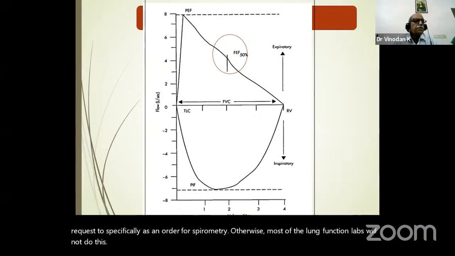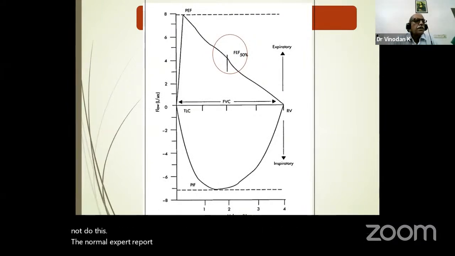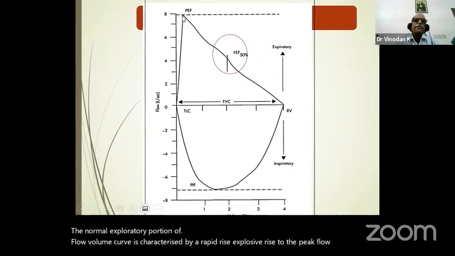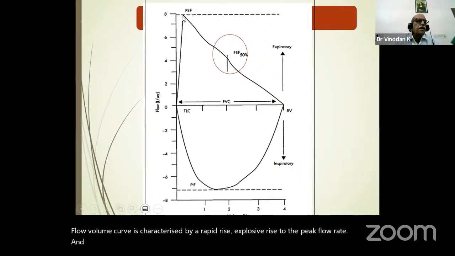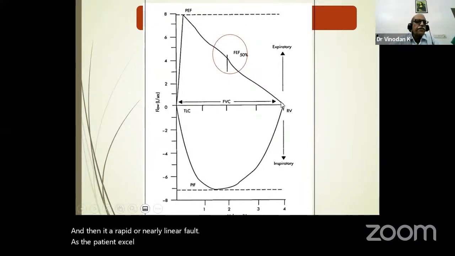The normal expiratory portion of the flow-volume curve is characterized by a rapid, explosive rise to the peak flow rate, and then a rapid or nearly linear fall as the patient exhales towards the RV. But the inspiratory curve is, in contrast, relatively symmetrical.